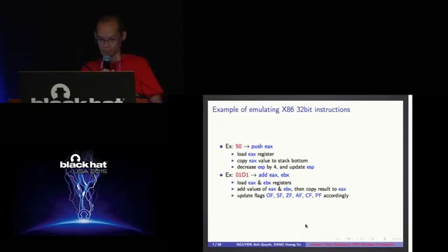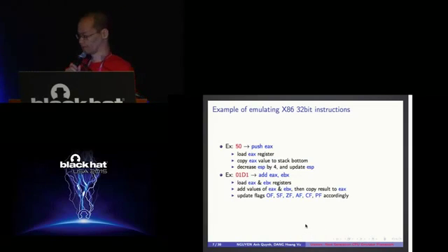So, a few examples. For example, on Intel 32-bit, given the input 50, the emulator will decode this into the push EAX instruction. After that, it sees this instruction, so it needs to load the EAX register. After that, it copies EAX onto the stack bottom.